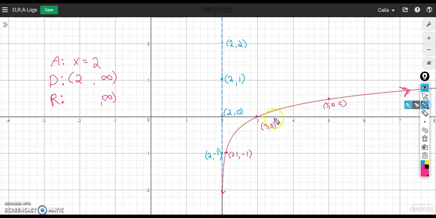What happens as I go downward along my function? I notice that my function continues to go downward on and on forever because it never is able to touch this asymptote. So that means that my range goes from negative infinity to positive infinity.